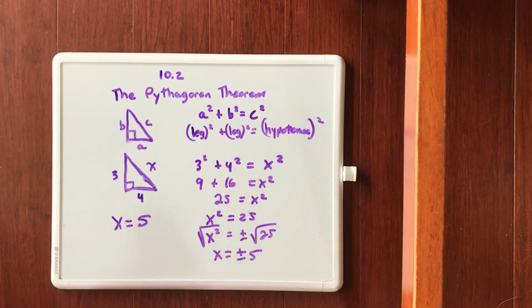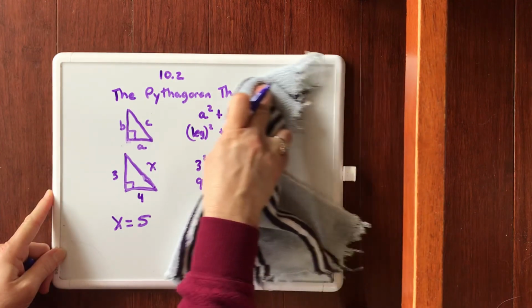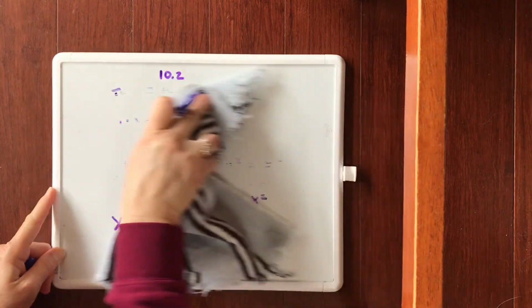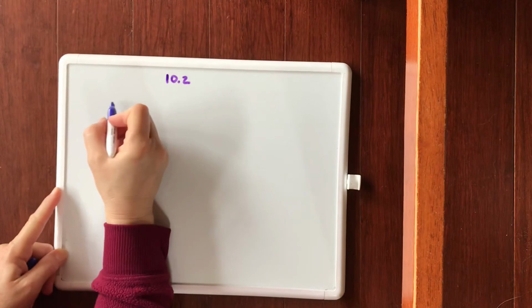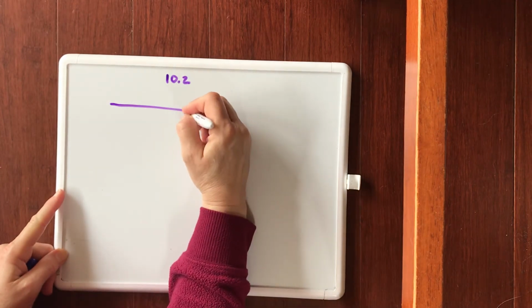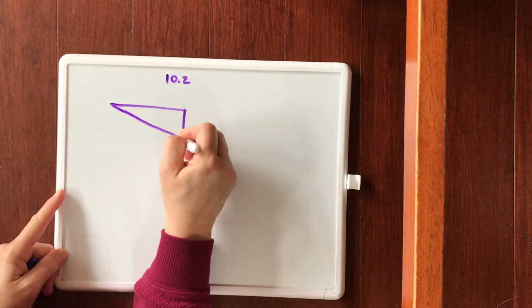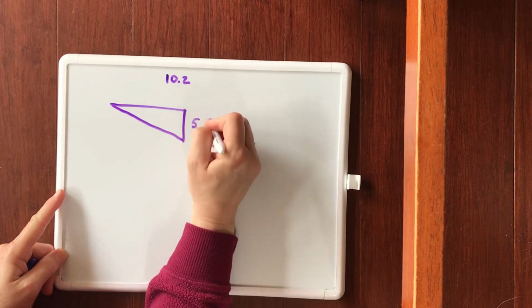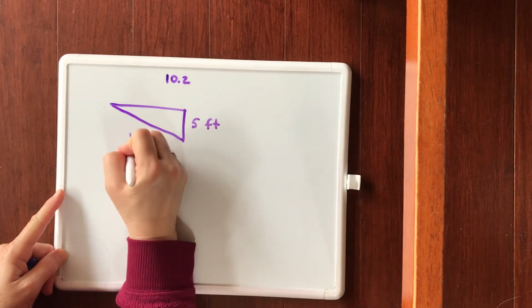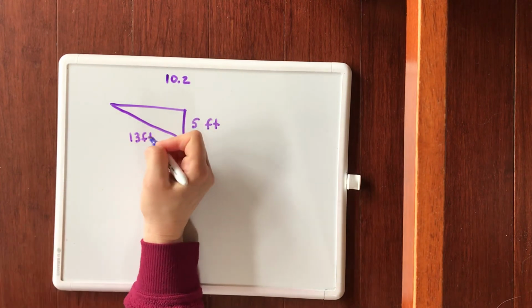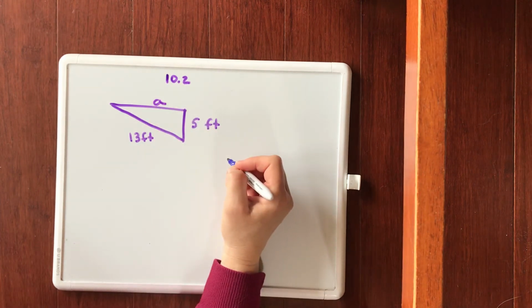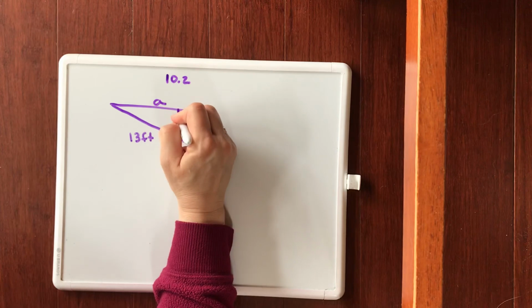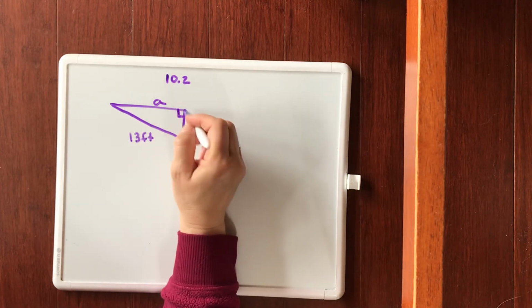Okay, so let's apply this to another problem. We're going to use the Pythagorean theorem, and this will be our last example for today. All right, so this is 5 feet. This is 13 feet. And we want to know this length. We're going to call this length A. Using the Pythagorean theorem, we can square the legs.